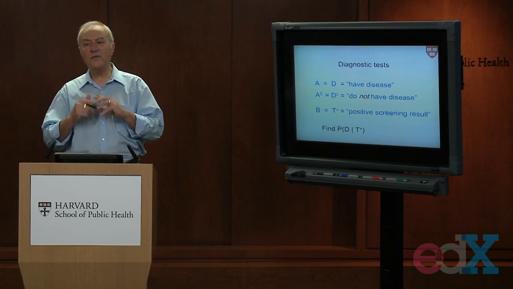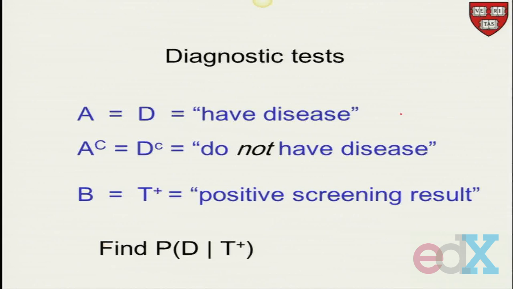And where we'll use this right away is in diagnostic tests. So in diagnostic tests, we'll associate the event A with the event D. Let's call it D so we can remember what it stands for: have the disease. And the event A complement is the event we do not have the disease. And the event B, what are we going to condition on?